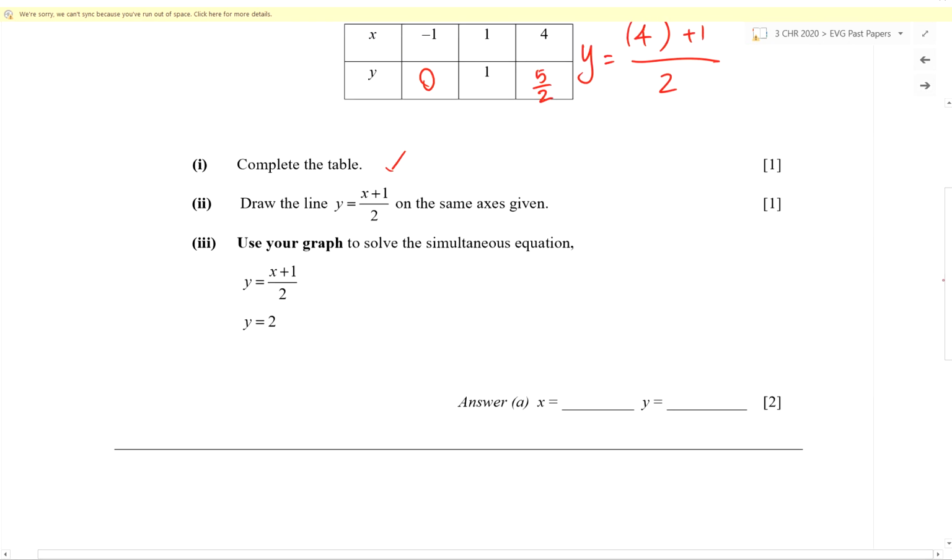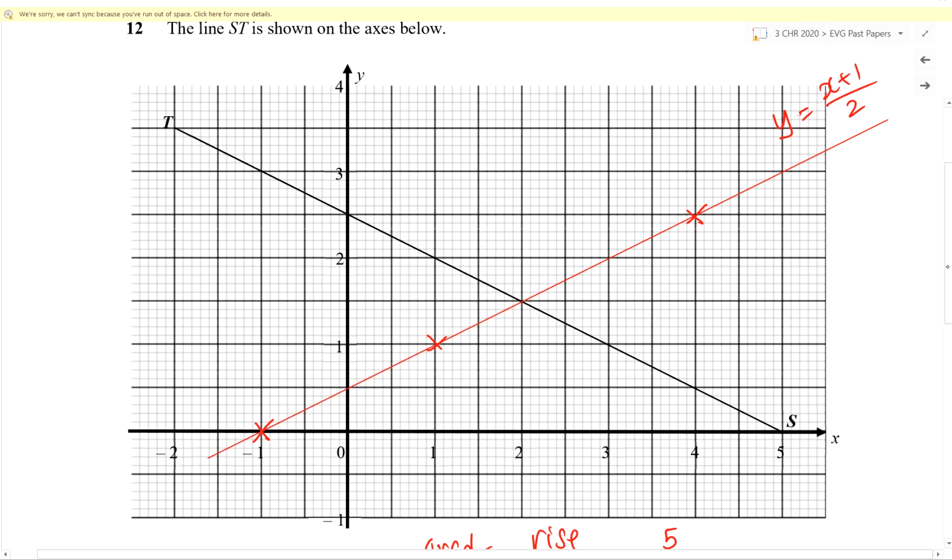Use your graph to solve. Now, we already plotted y equals x plus 1 over 2. The next equation is y equals 2. So I need to draw this on the graph. The line of y equals 2 is a level 2. So let's draw level 2. Y equals 2.